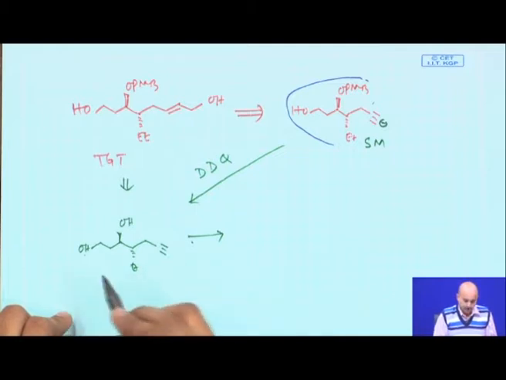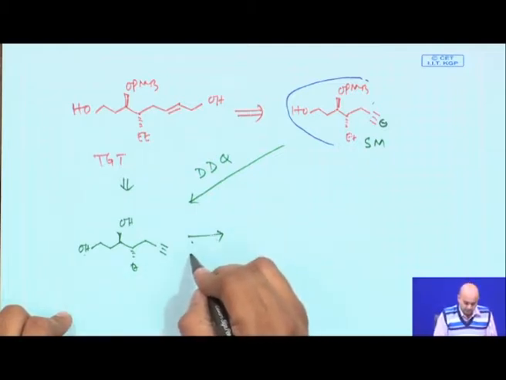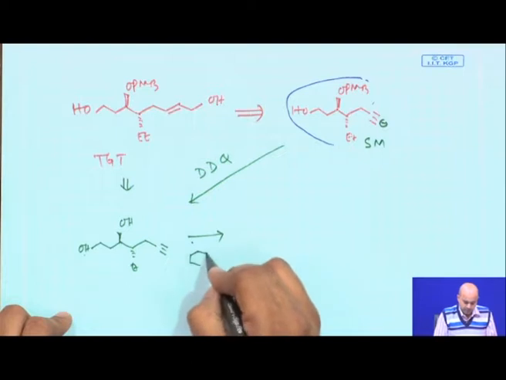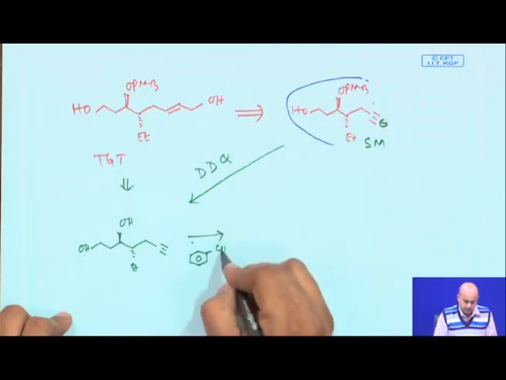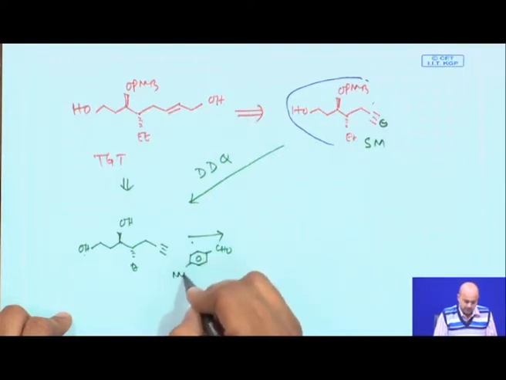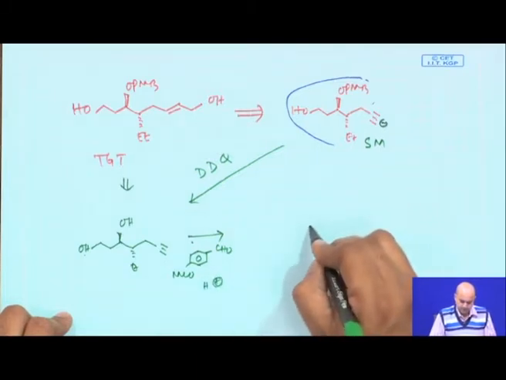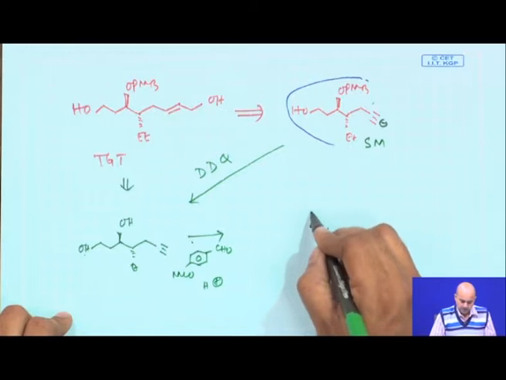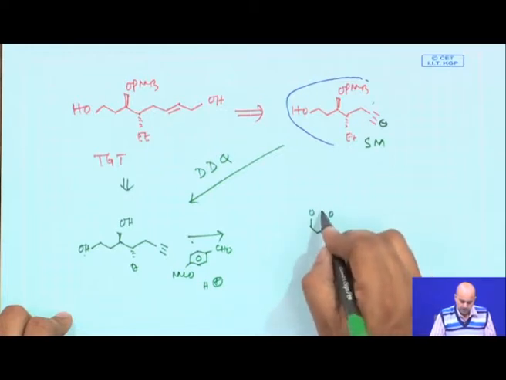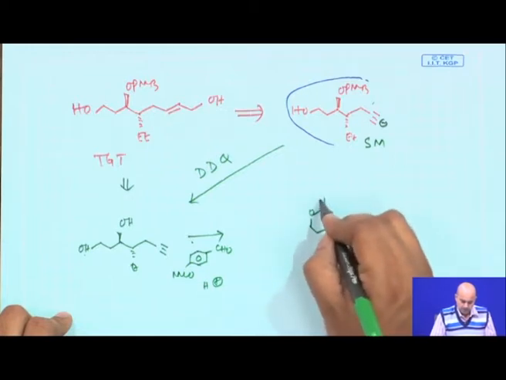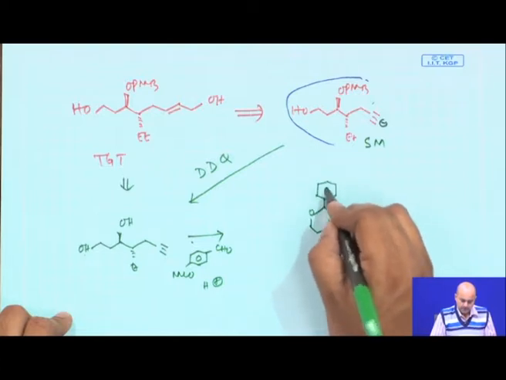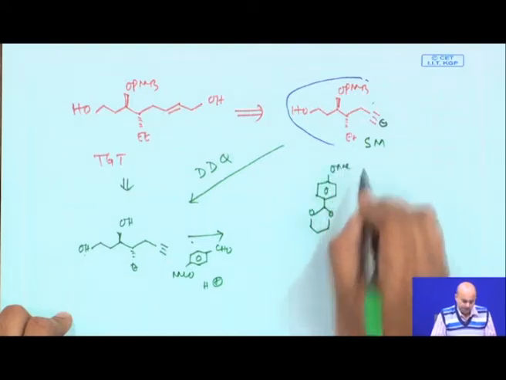Okay. Now, if you see this compound, we now react it with paramethoxy benzaldehyde in presence of H plus. So, now you see this is oxygen, this is oxygen, so you will have this paramethoxy benzylidene acetal.